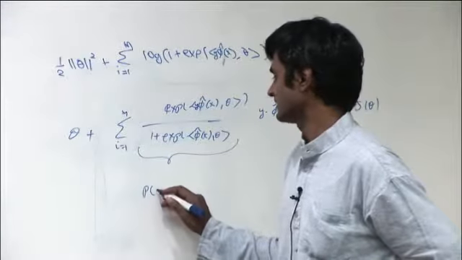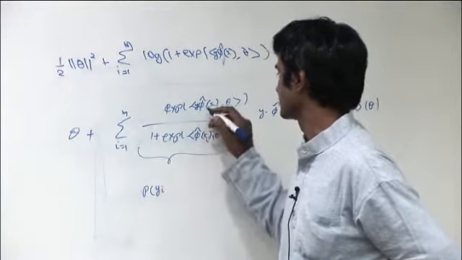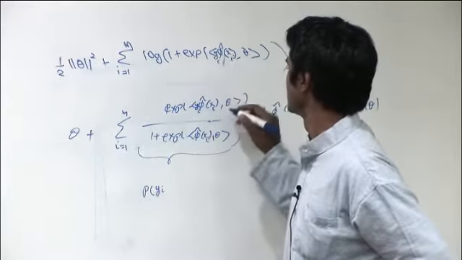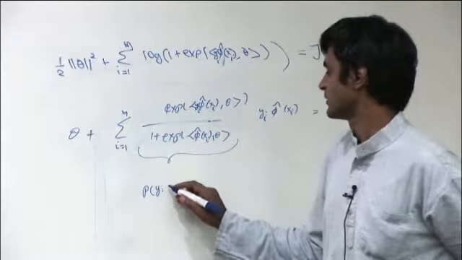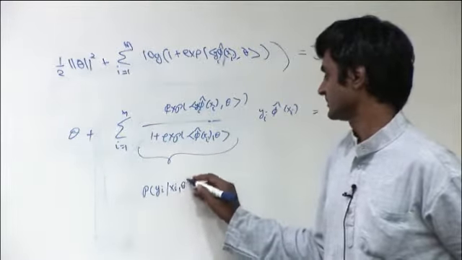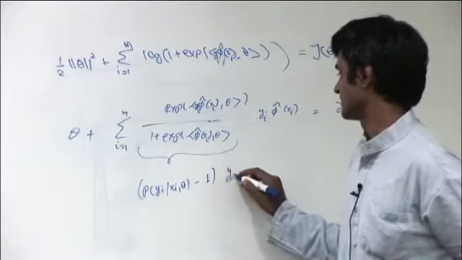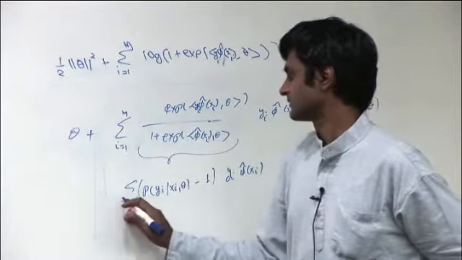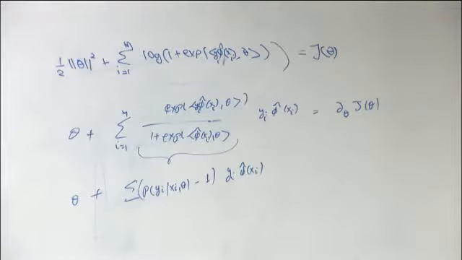I can rewrite it as p of y_i, of course everything is i, conditioned on x_i and theta, minus 1 times y_i phi hat of x_i summation plus theta. Clear?